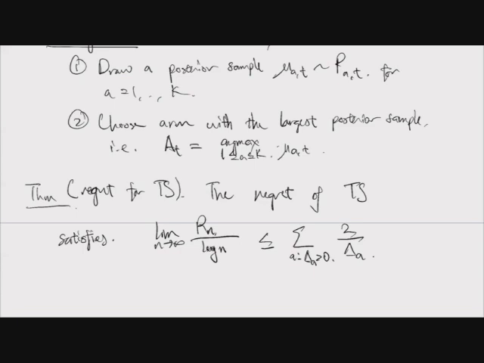And so the posterior distributions tend to just resemble frequentist confidence intervals. Making decisions based on these posterior distributions is going to be pretty similar to making decisions based on frequentist confidence intervals. So Thompson sampling for large sample sizes should behave very similarly to UCB.